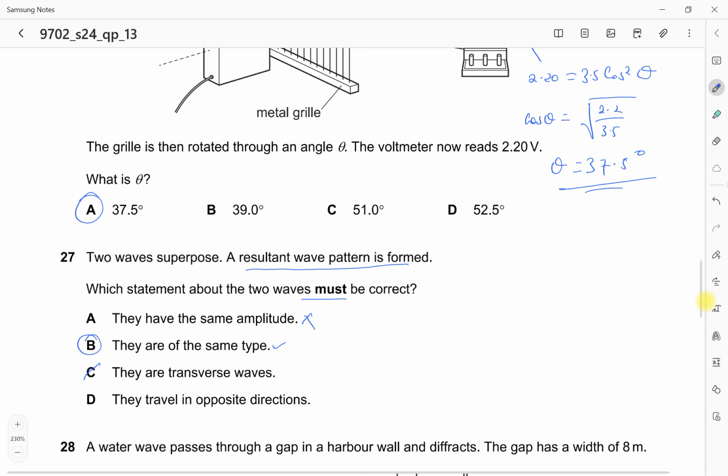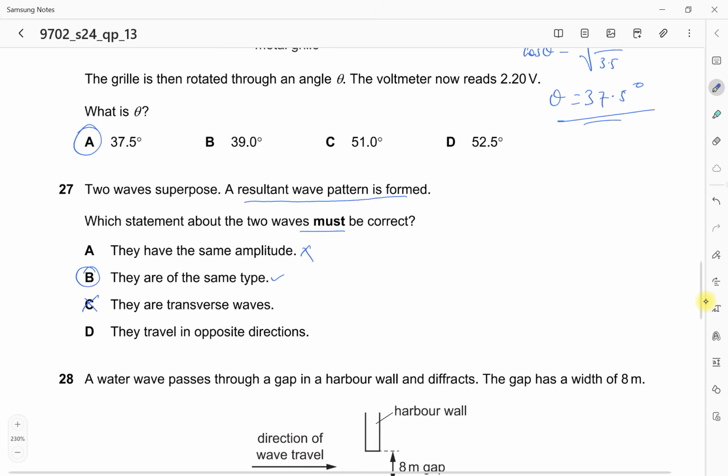Both transverse and longitudinal waves can form wave patterns, so not necessarily transverse. Even if they are moving in the same direction, they can form wave patterns, as long as they have the same type. So the answer is going to be B.